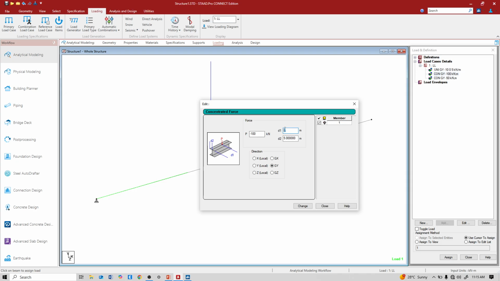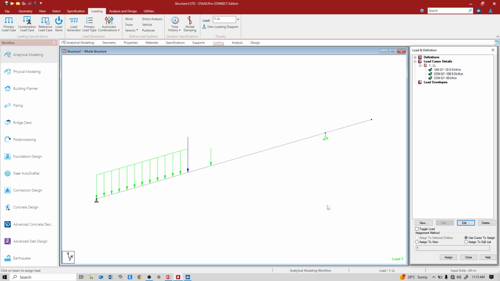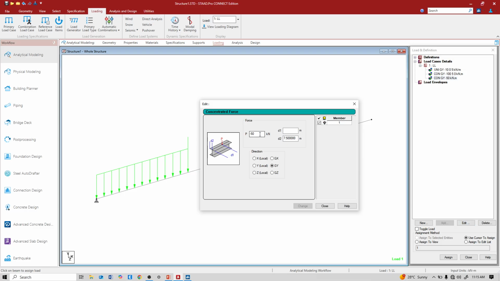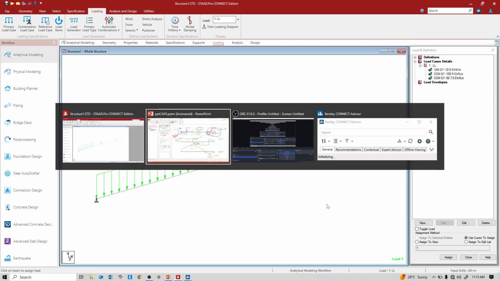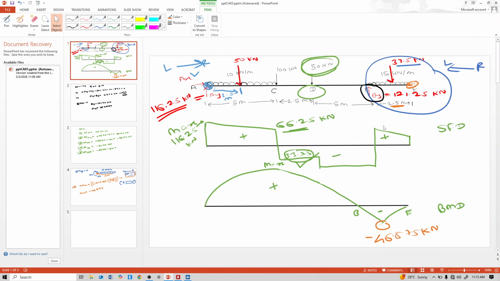See this diagram. D1 is 5 and D2 is 0. Change. So it is correctly applied. Again, edit. D2 is 0. See this diagram. Because this load is not eccentric, and D1 is 7.5. So change. Okay.